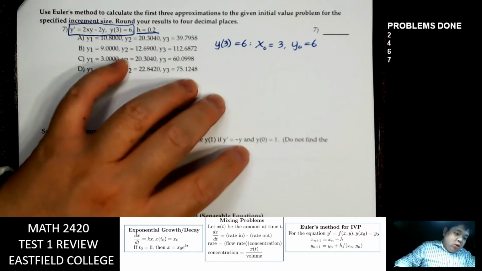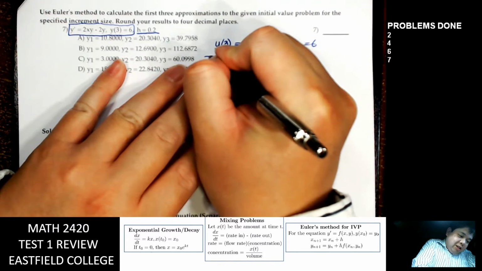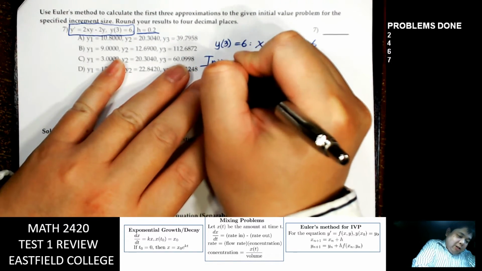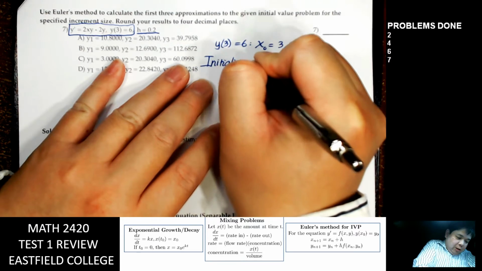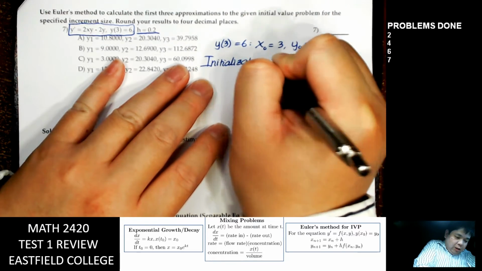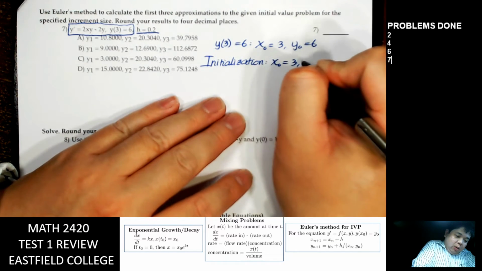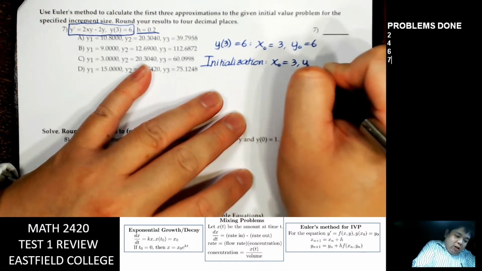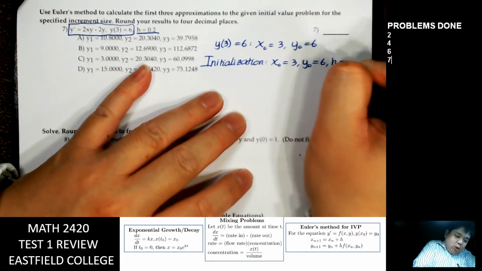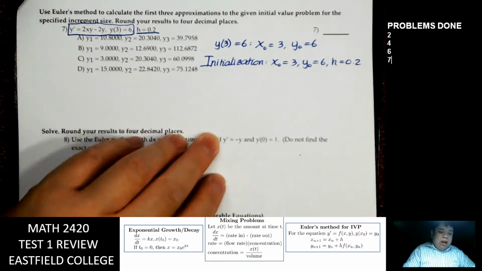Right. So the step will be as follows. So we said x naught 3, y naught 6, and h 0.2. We use the calculator for this.